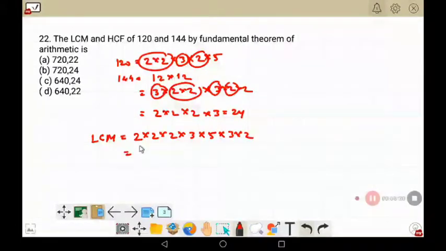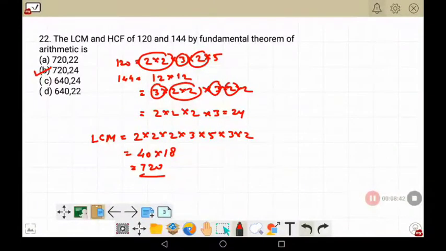So what will be the LCM? 2 into 2 into 2 is 8, 8 5s are 40, 3 3s are 9, 2 9s are 18, 18 4s are 72. So 720 is the LCM and 24 is the HCF.